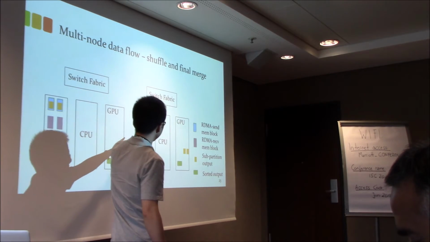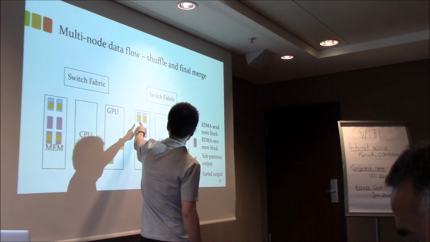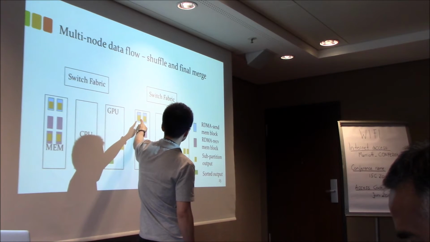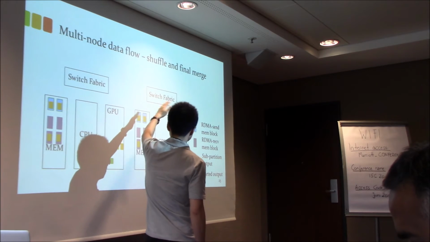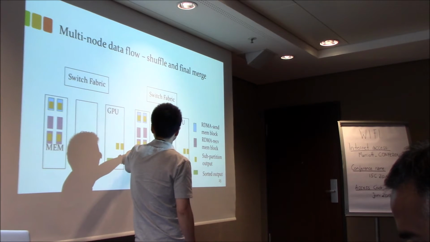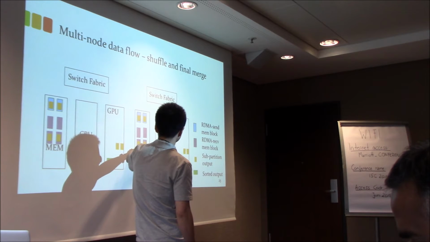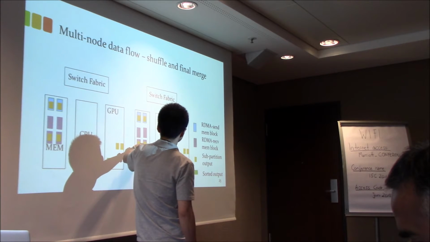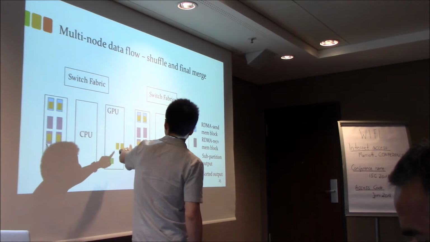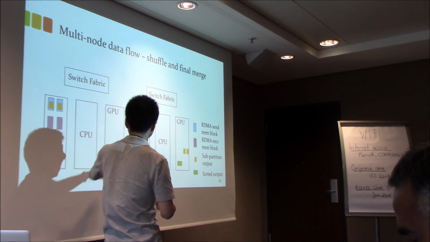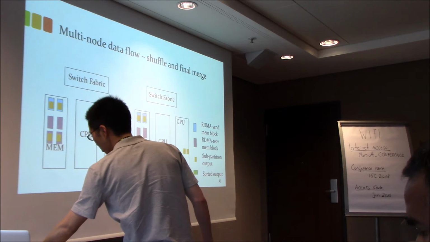At a steady state, we have those yellow boxes. They are output from the partitioner in DRAM waiting to be shuffled, and there are also some partition output waiting to be transferred to the GPU. Similarly, there are input and output on the GPU.